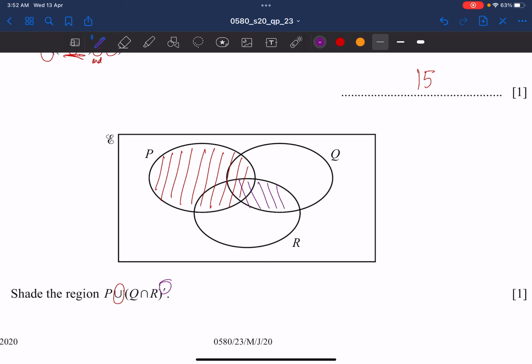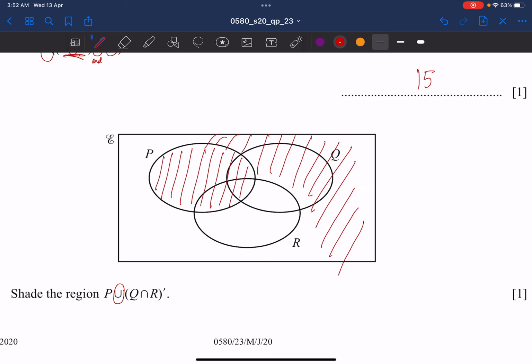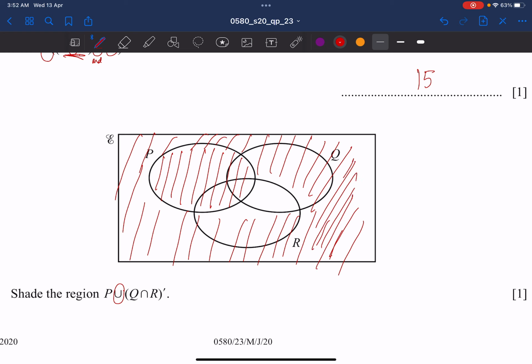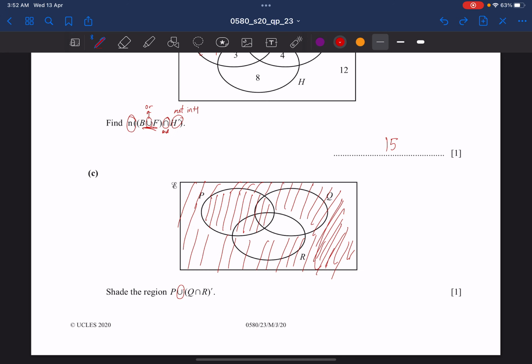Not here, so which is here, union, right? Union everything that is not here, okay? So it's like this, okay? You shade all the region except this region, okay?